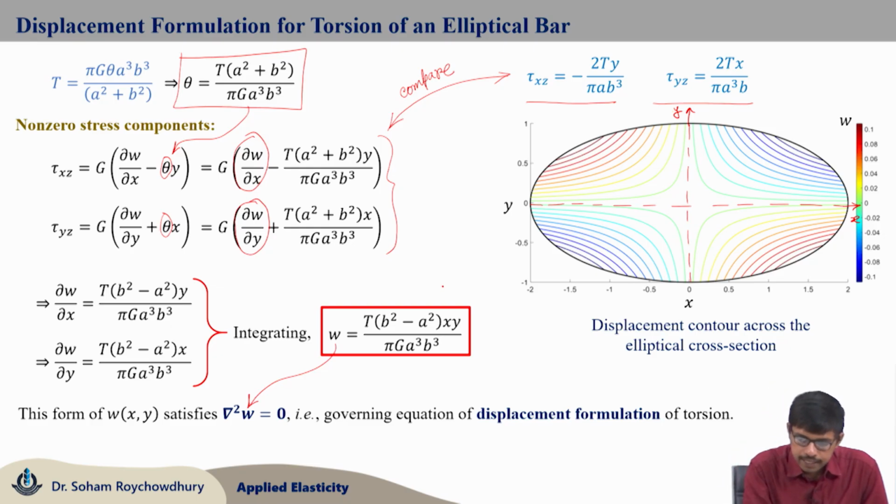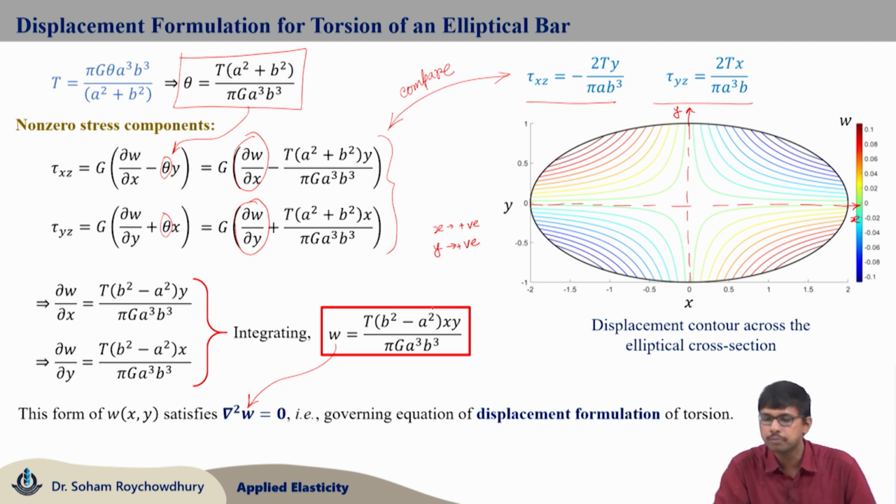If x and y both are positive, then this quantity x y is positive, that is the first quadrant. On this side both x and y are positive. Now, b is smaller than a, so the b square minus a square term would be negative, which will result in this w being negative in the first quadrant.